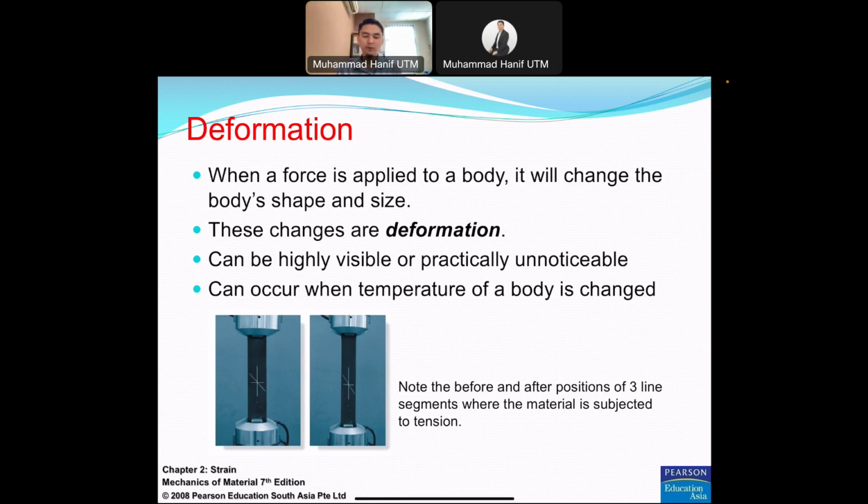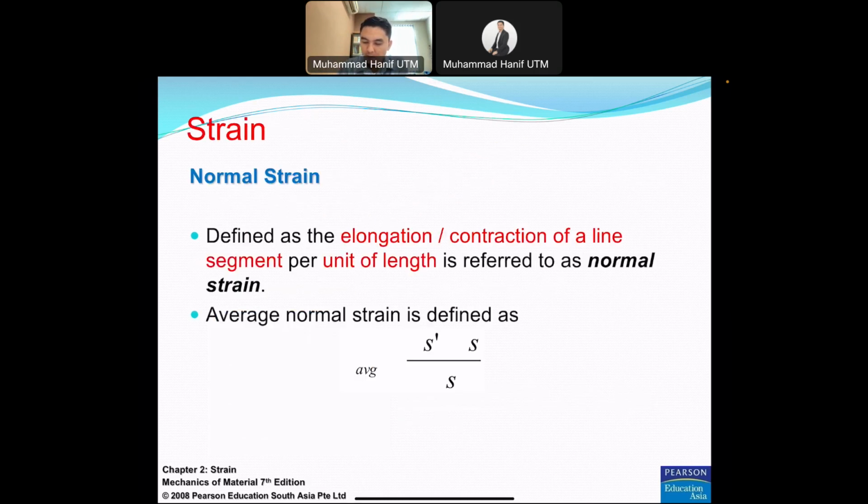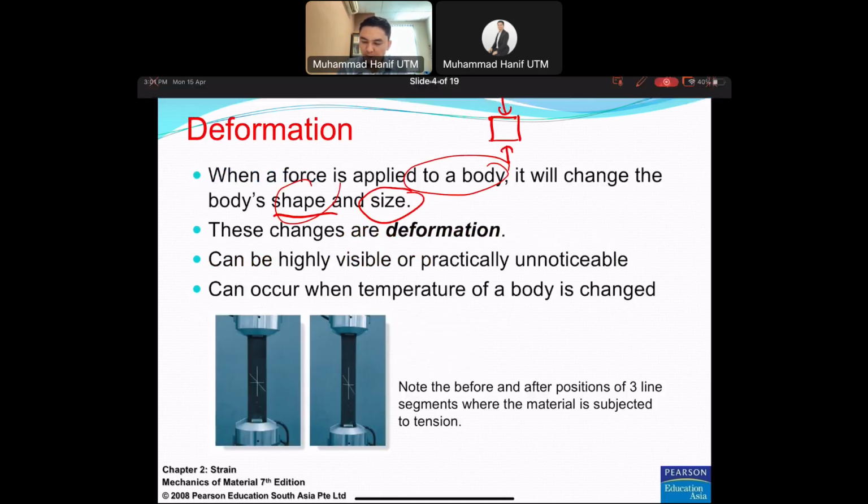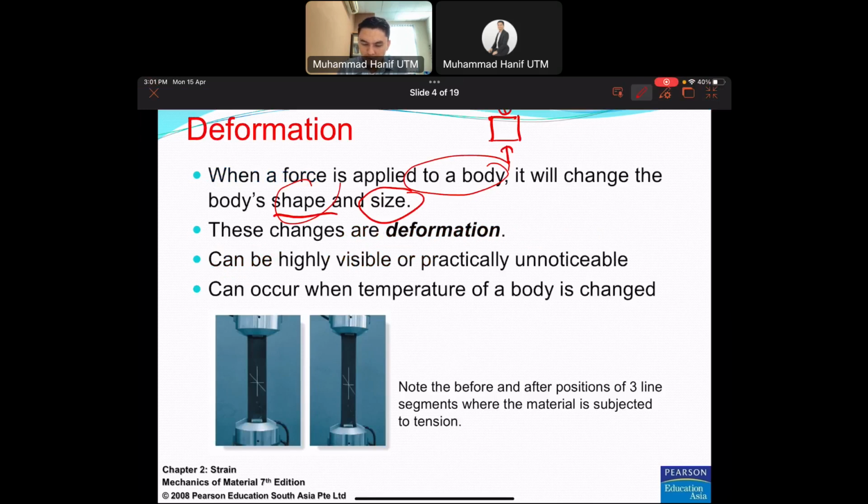Deformation is actually a change of body shape and size. When a force is applied to a body, the body itself will change in terms of its shape and also size. So you have a 2D body like this one, for example, and we compress it like this, and then the body will change into a deformable body.